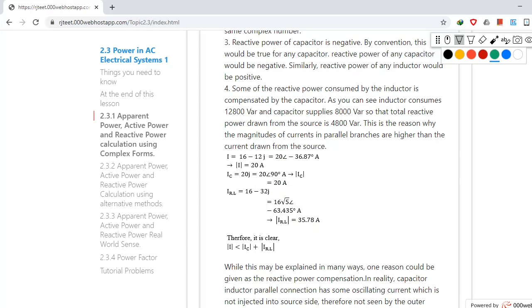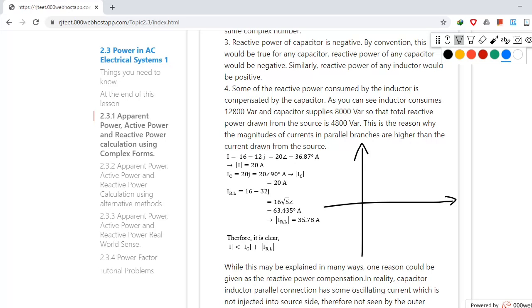It's better if we could show this on a complex plane. So this is what it is meant. Sorry. On a complex plane, I would try to draw a picture which is as clear as possible, and I'm going to use blue color for my total current.